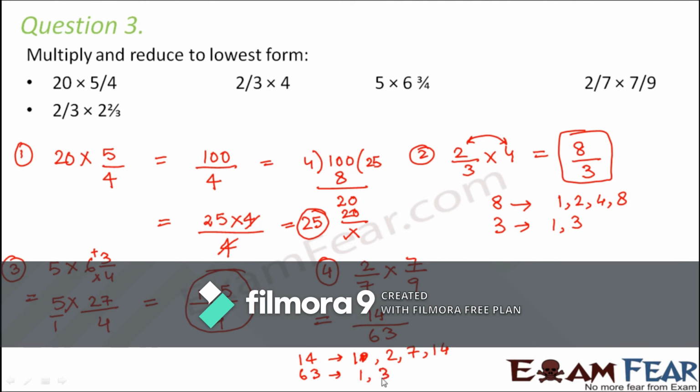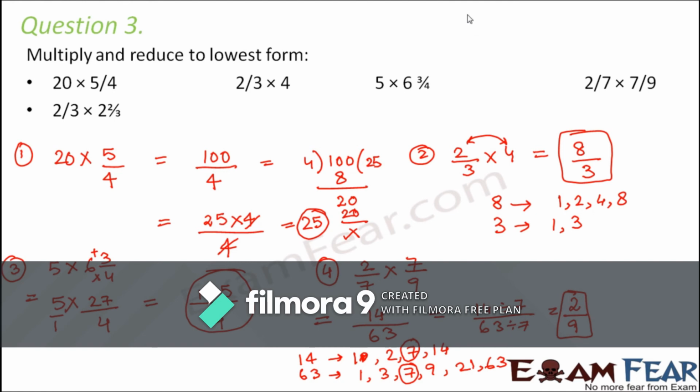For 63, the factors would be 1, 3, 7, 9, 21 and 63. So which is the highest common factor? The highest common factor here is 7. So we will divide both the numerator and the denominator by 7. So 14 divided by 7 is 2 and 63 divided by 7 is 9. So 2 by 9 is the lowest form.